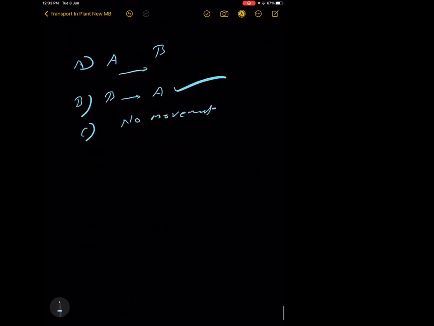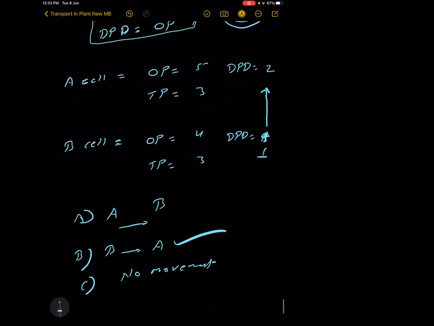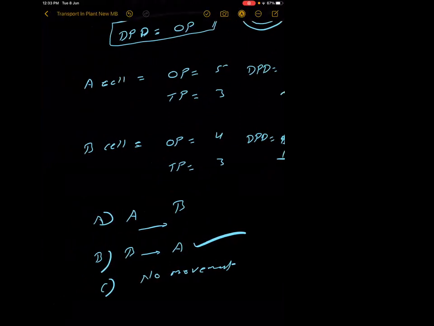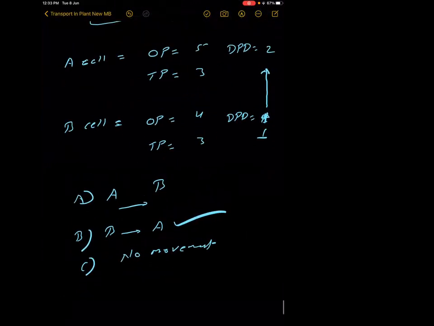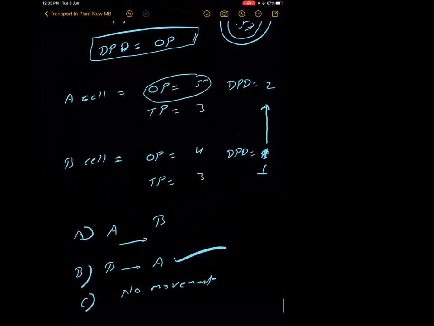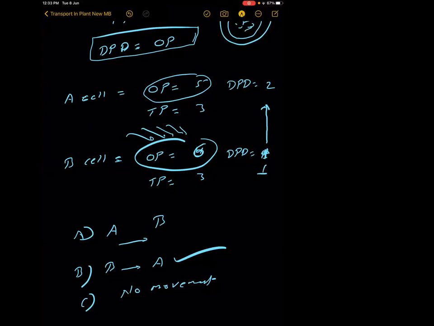Sir, we can even say like the place where there is more solute, there is more DPD. Yes. Suppose in that case, OP is high. In that case, A cell has more OP. If you are increasing more solute here, so this B cell has more OP than A. It becomes 6. Then the condition will be changed.